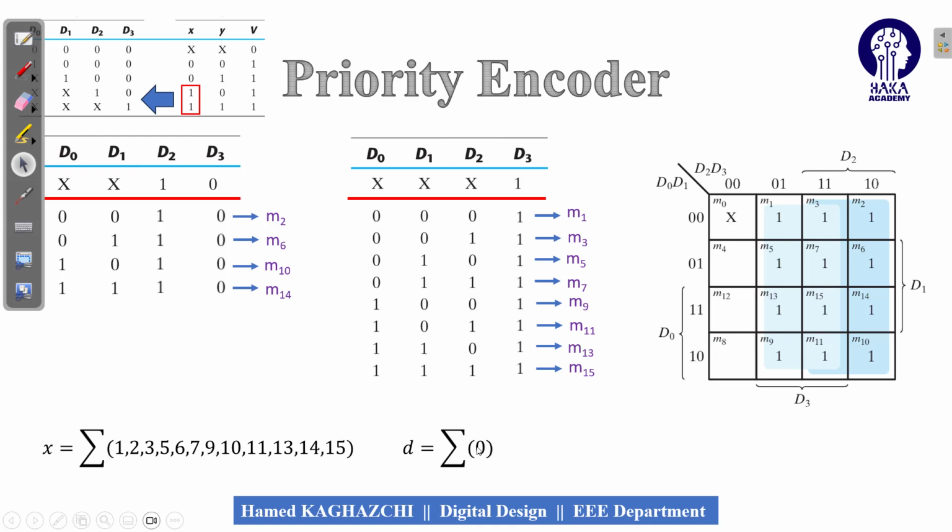It means that we have don't care here. Now, if we apply this to the Karnaugh map, you can see that we will have something like that. Now this 8 ones and this 8 ones are considered for finding the x, which is equal to D2 or D3. So I could find x.